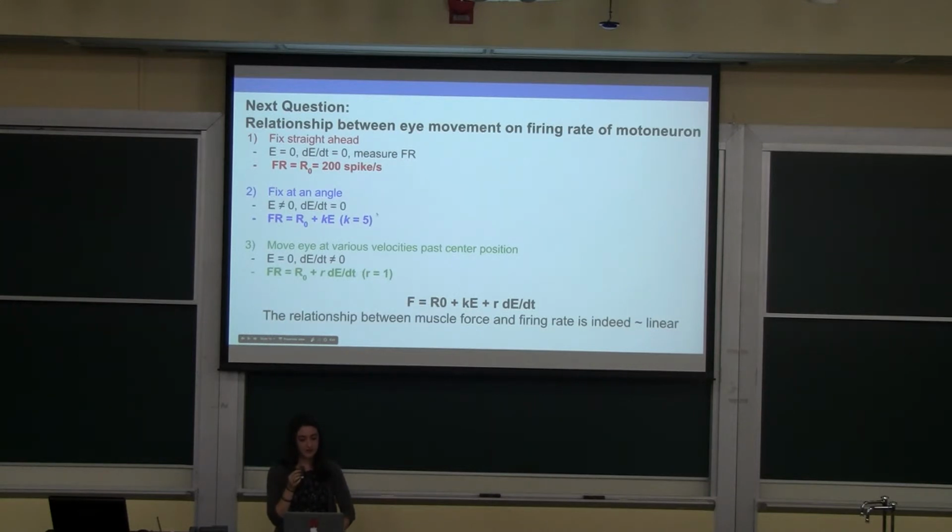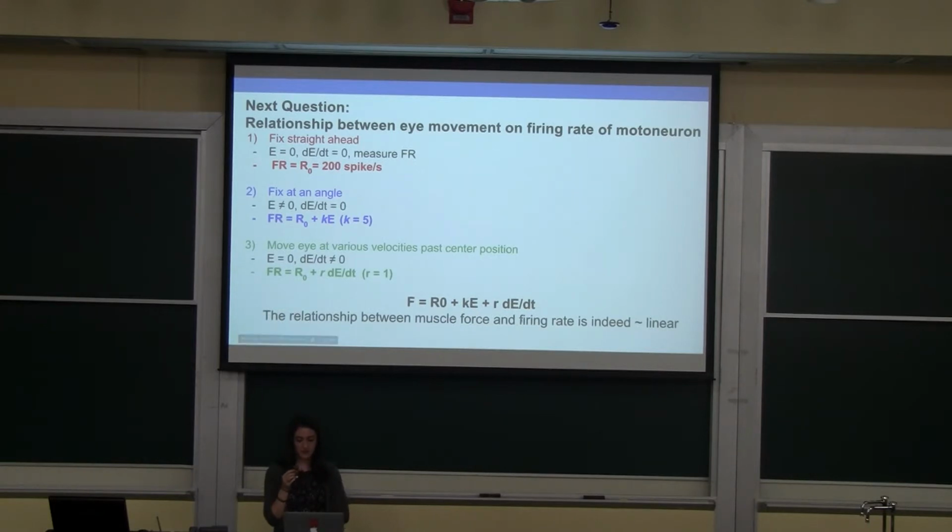So they found that this is also linearly related to the velocity at that 0 point. And so by combining these three experiments, the final firing rate in relationship to the eye amplitude of movement is this basal R0 plus this linear relationship with eye movement, and then also the velocity of the eye movement.